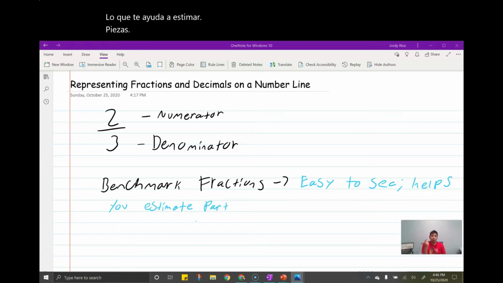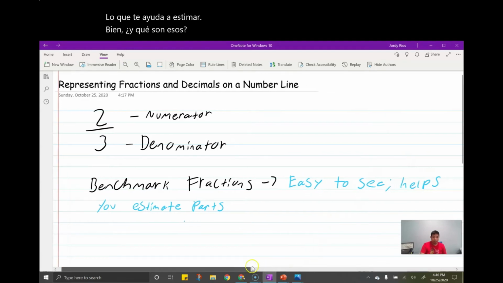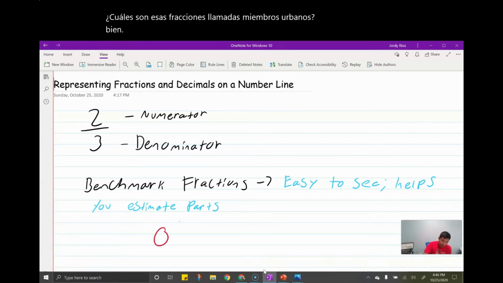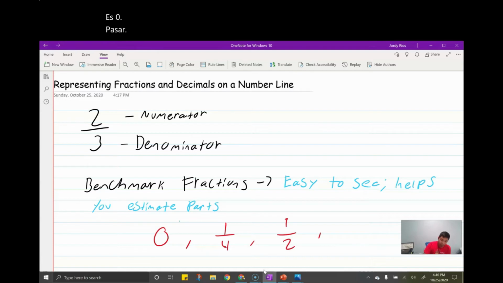Okay, and what are those fractions called? Who remembers? Good. It's 0, 1/4, half, 3/4, and 1.